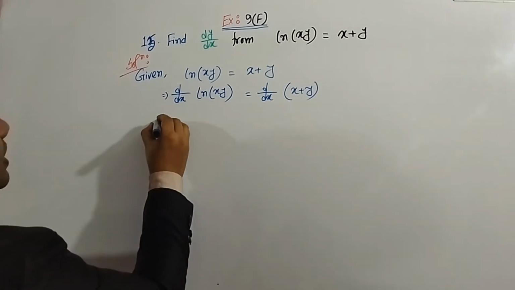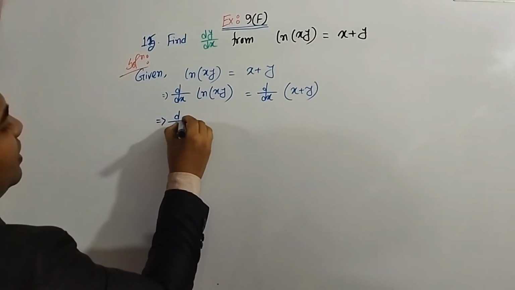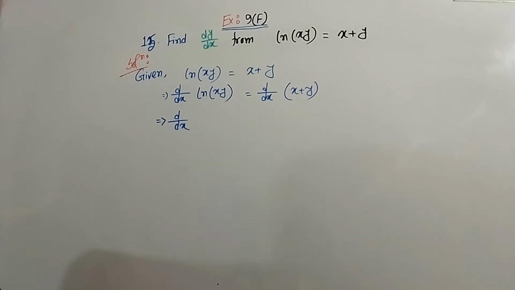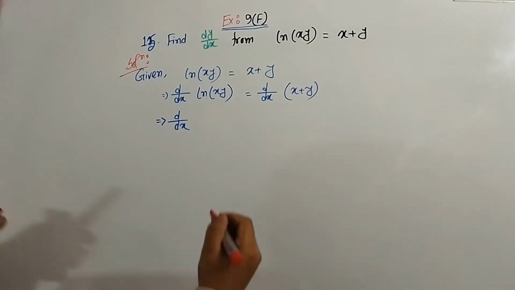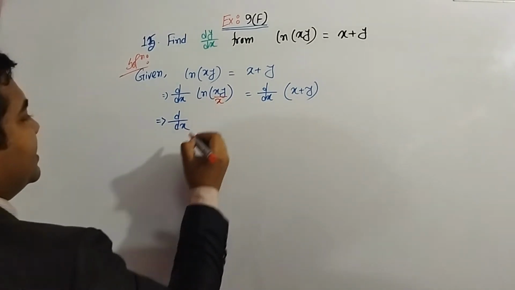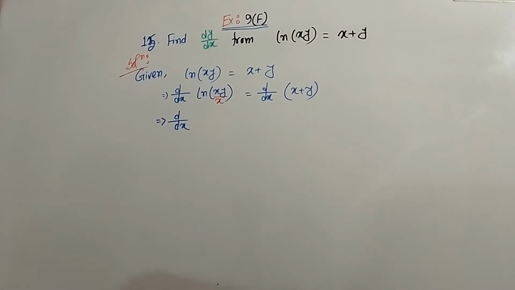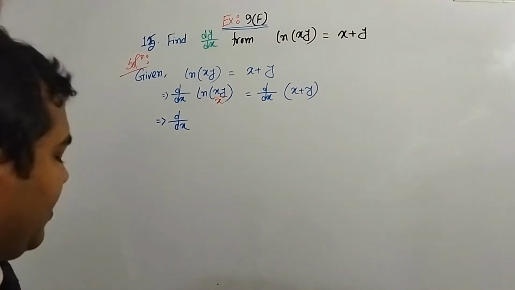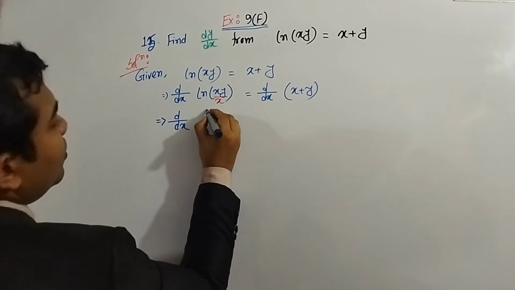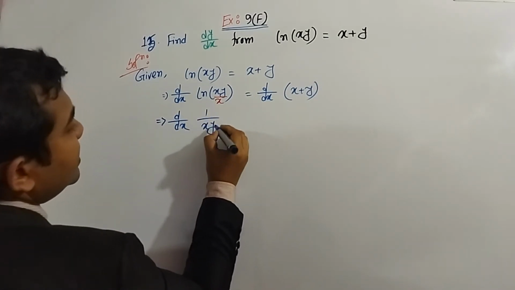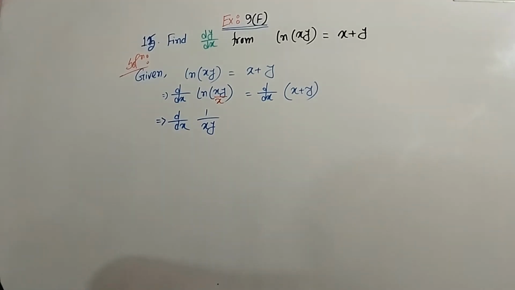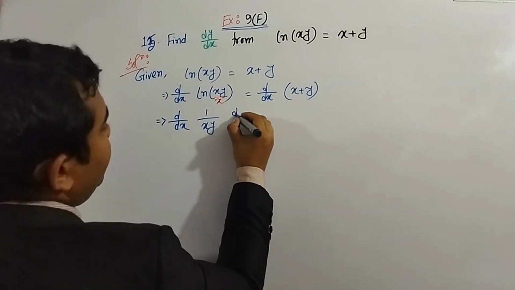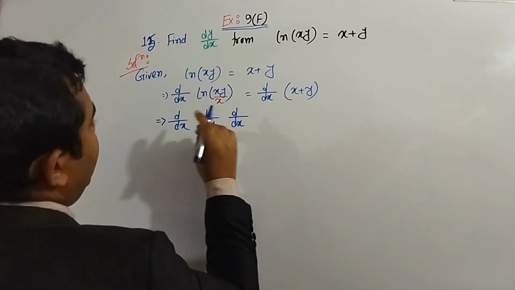Dear students, I have already told you that we assume this part as x, so ln x. What's the formula for d/dx of ln x? Definitely 1/x. Write it down, 1/x. Since xy is not the genuine x, you have to differentiate it again.